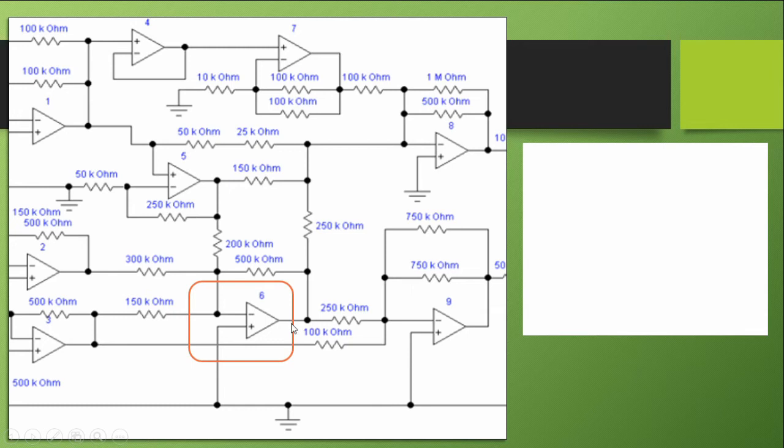For op amp number 6, the positive is connected to ground and the negative is connected to a complicated circuit here. Our input for op amp number 6 is actually coming from the negative terminal, and we have 1, 2, and then 3.